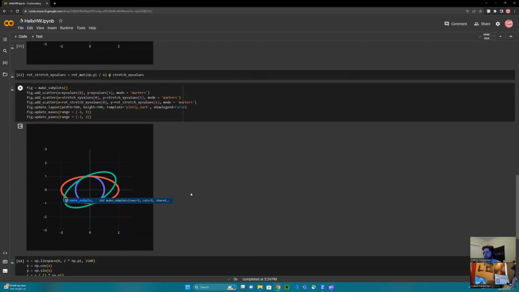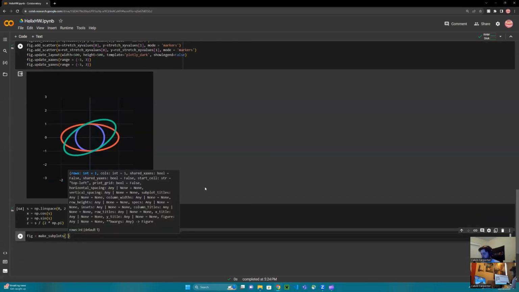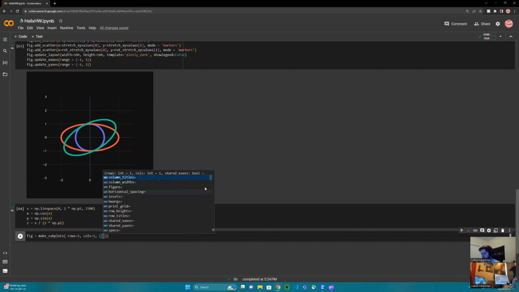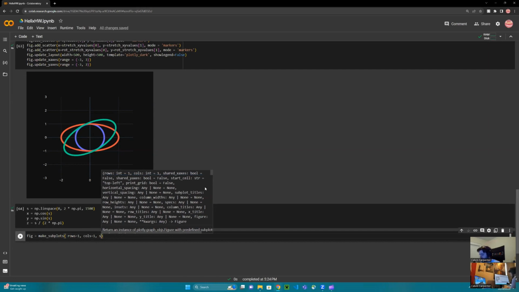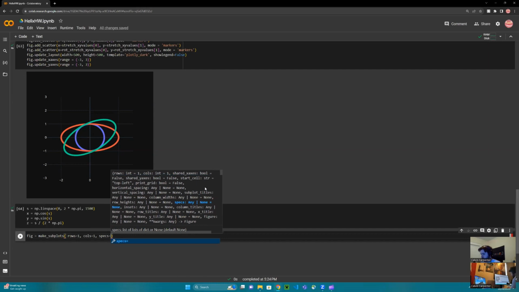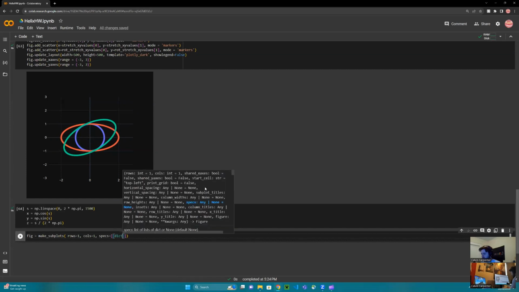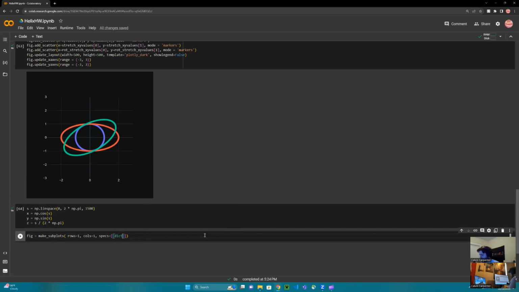Then we're going to have rows, columns, and then specs.